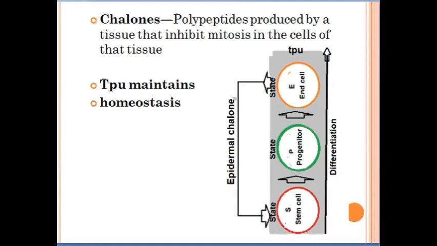So, in order to maintain homeostasis, the end cell creates chalones which inform the stem cell about its state. Chalones are polypeptides produced by a tissue that inhibit mitosis in the cells of this tissue.